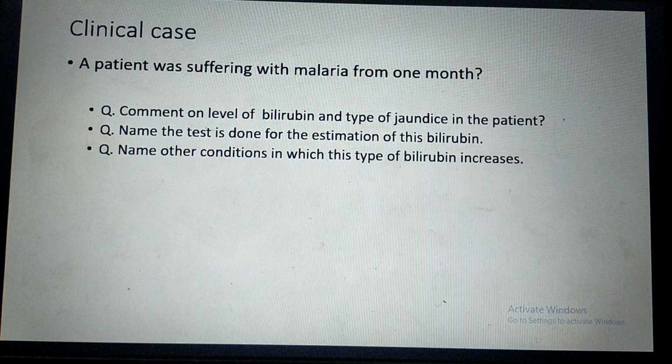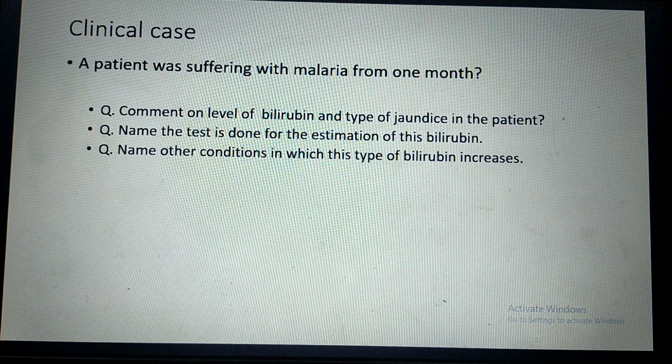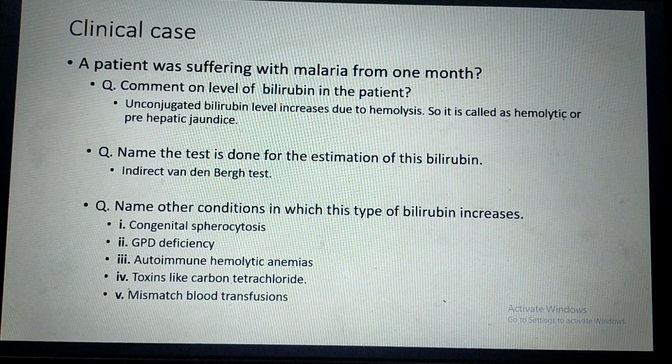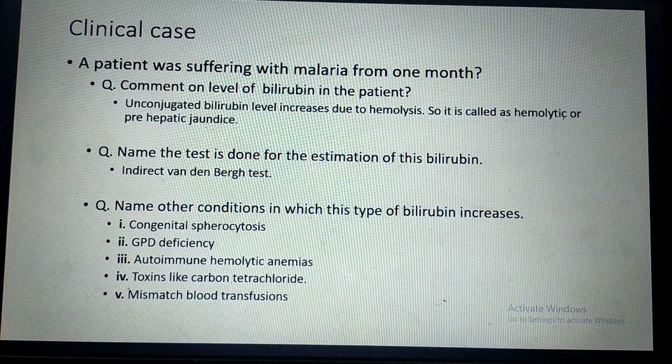This is a clinical case. A patient was suffering from malaria for 1 month. The questions are: comment on the level of bilirubin and type of jaundice. Name the test done for estimation of bilirubin. Name the other conditions in which this type of bilirubin increases. So these are the answers. Unconjugated bilirubin level increases due to hemolysis. So it is called hemolytic or prehepatic jaundice.